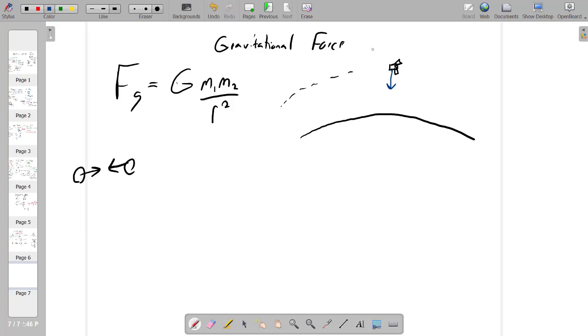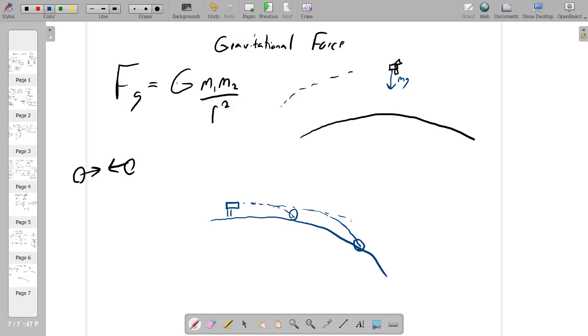But it has an initial velocity, and so the only force acting on this satellite is gravity, and that's causing it to curve around. Like in class, this was a long time ago, but we said this was Newton's famous experiment. Let's say you shot a cannonball this fast, it would hit right here. Well, what happens if you shoot it a little farther? It would hit here. And note that the only thing that's acting on this cannonball is gravity.